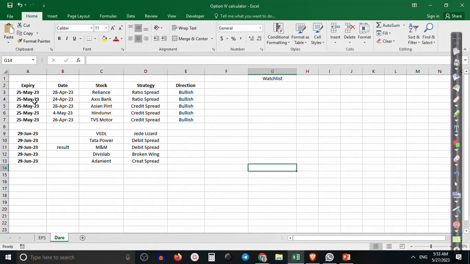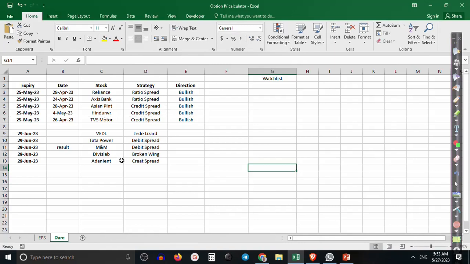As I said last month, I placed orders in Reliance, Axis Bank, Asian Paint, Hindustan Unilever, and TVS Motor. The strategy was ratio spread for the bullish direction in Reliance, ratio spread in Axis Bank, also bullish, credit spread, also bullish, and the rest all credit spreads.